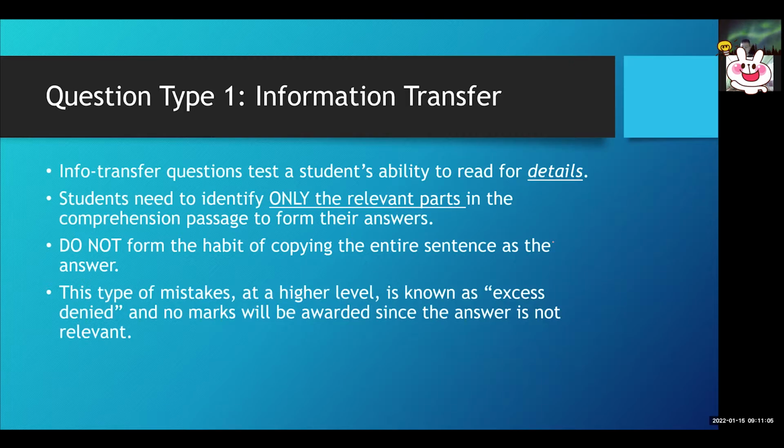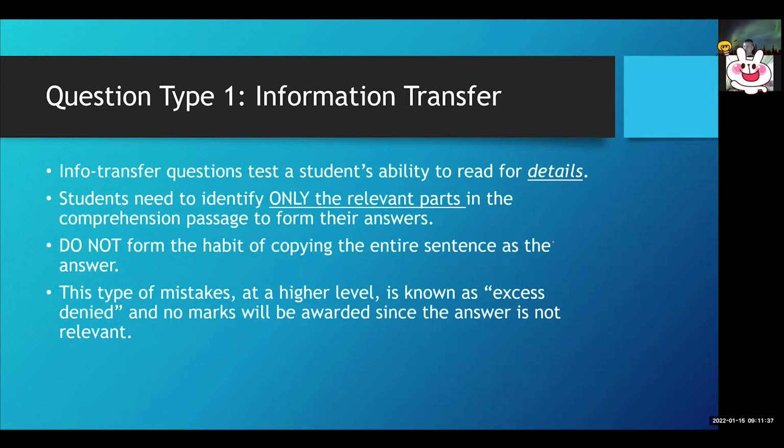So this type of mistake, at a higher level, in fact, even if you go into secondary school, if you commit this mistake, this is known as access denied. 0 marks. Access denied is meant to prevent students from copying the whole chunk of text, hoping that the answer is somewhere inside. That's like gambling.